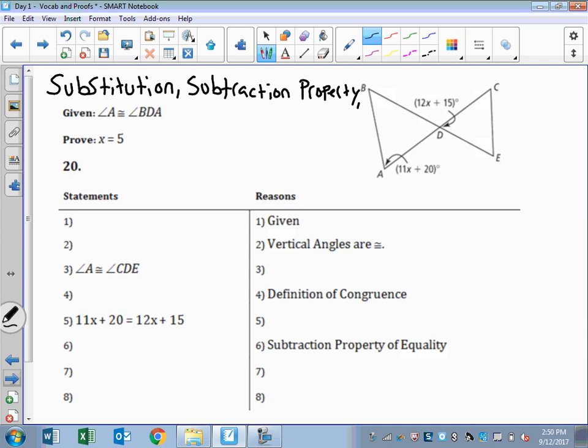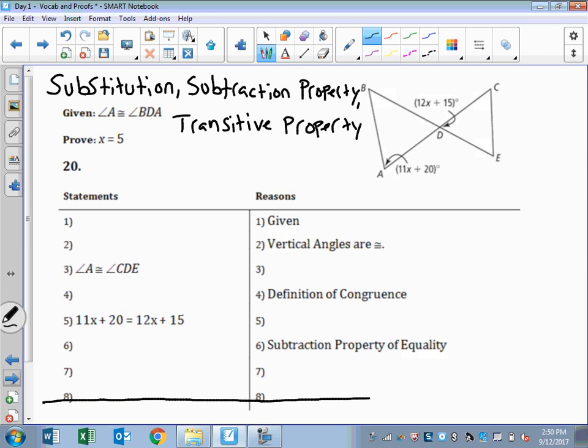And finally, the transitive property. You're going to need to use that. Now in this proof, we actually have an extra step. You don't need this one.